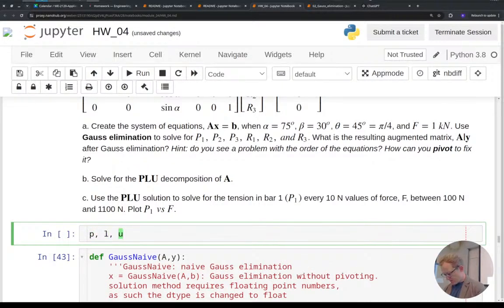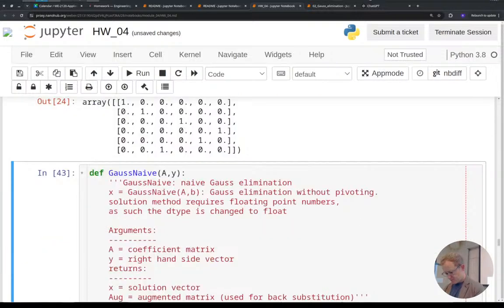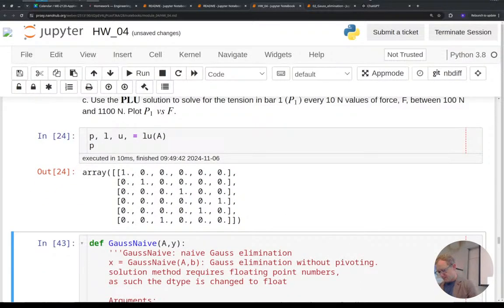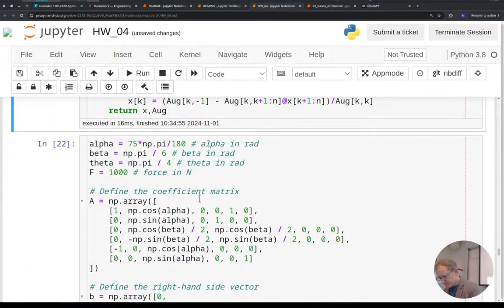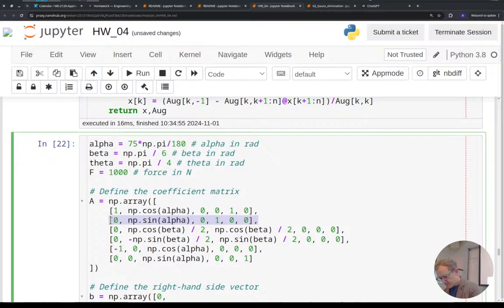And if we want to know what the actual, let's put A back to what it was before.